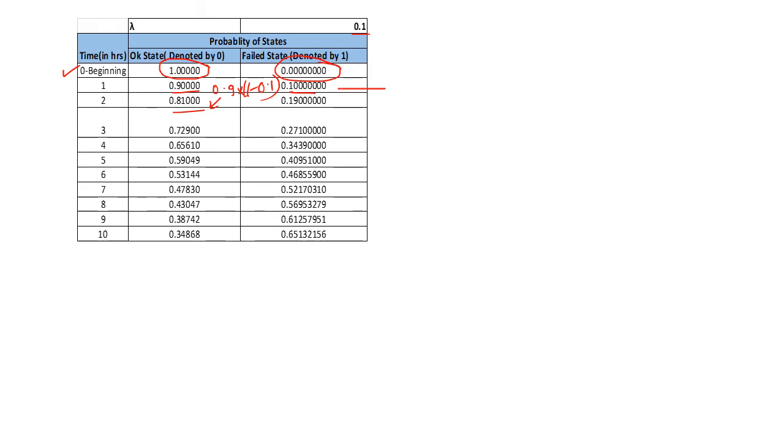And how is this coming? This is 0.1 plus 0.1 into 0.9, so it is 0.1 plus 0.09, becoming 0.19. So this is how this particular value is coming. Similarly you can go on calculating and you will get these values.